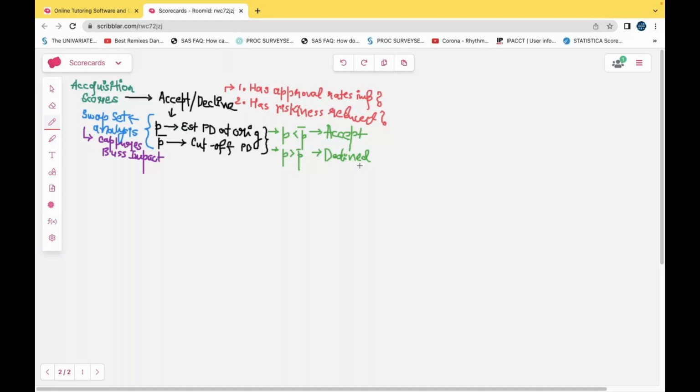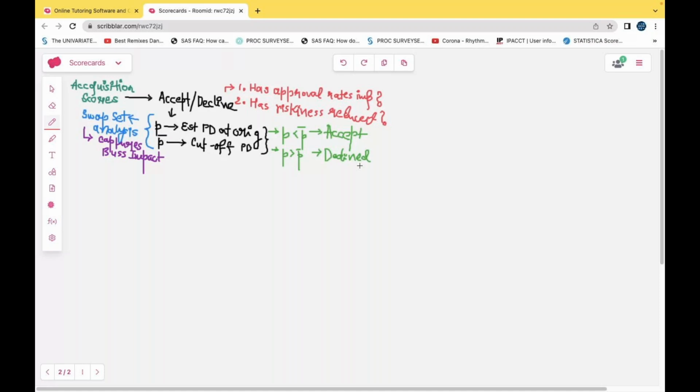And as a result, with relatively better profiles of borrowers, the overall riskiness in the portfolio should go down, right? Those are the two parameters of your acquisition model, and these two parameters are captured through the swap set analysis.